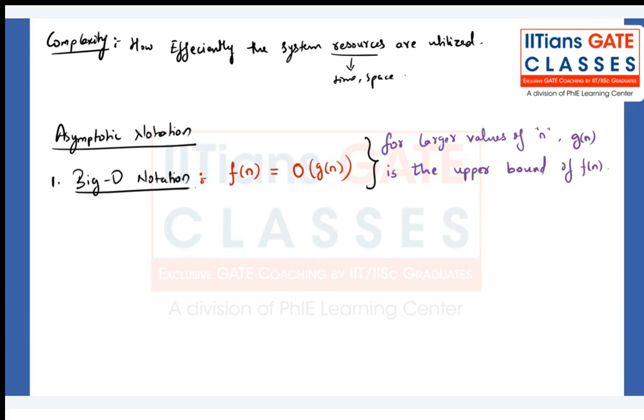This is what is implied by this statement. That's the reason big O notation also signifies a tight upper bound.